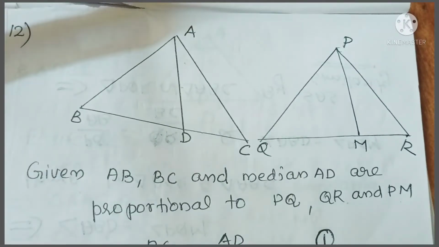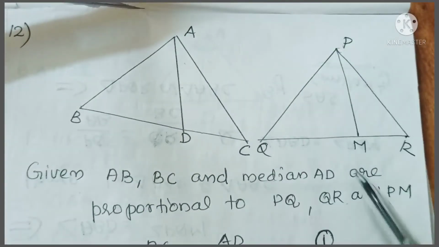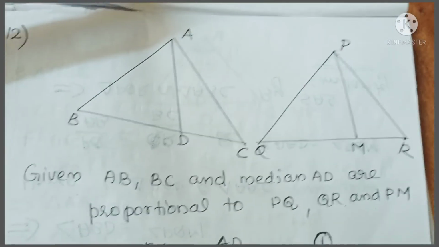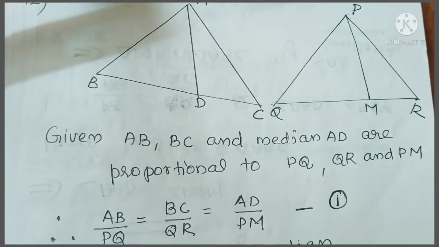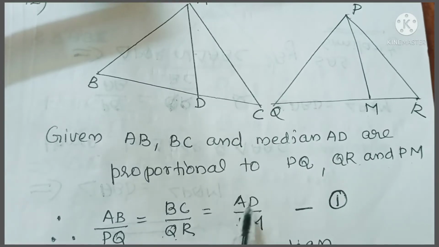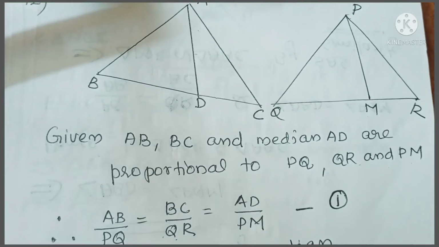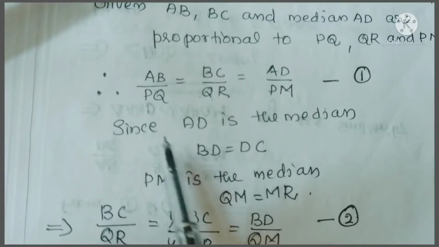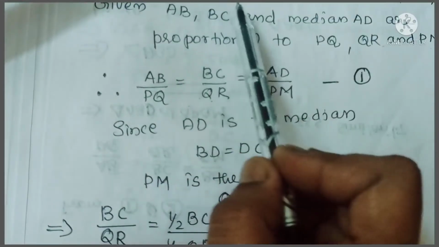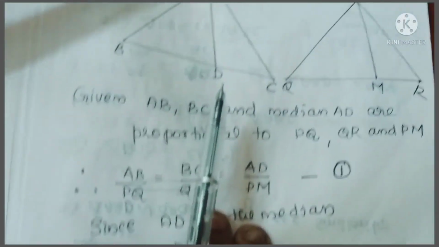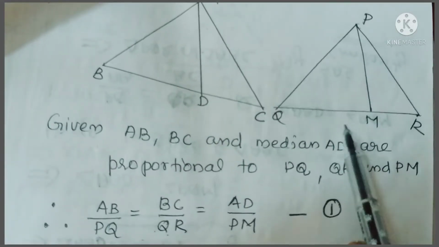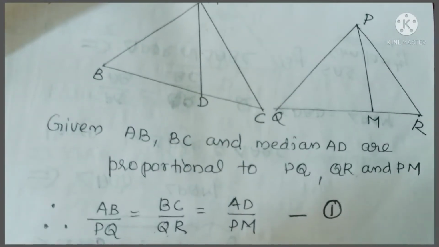Since AB, PQ, BC, QR and AD and PM are proportional to each other, we can write the ratio as AB by PQ equal to BC by QR equal to AD by PM. Then AD is the median, BD equal to DC in the figure. Here AD is the median, BD equal to DC, and PM is the median, QM equal to MR.